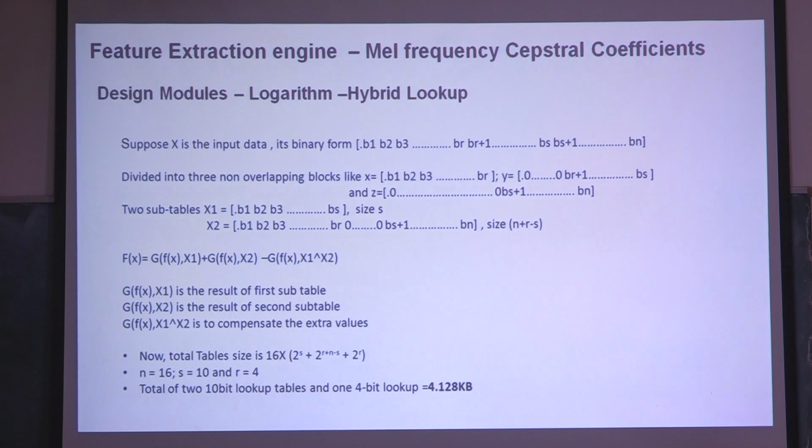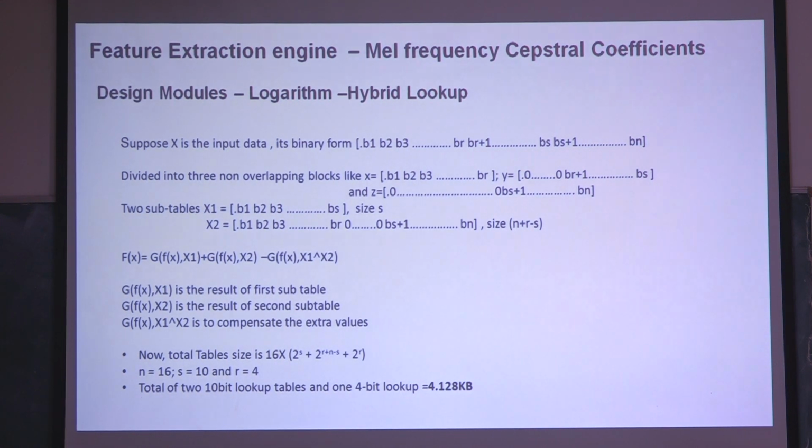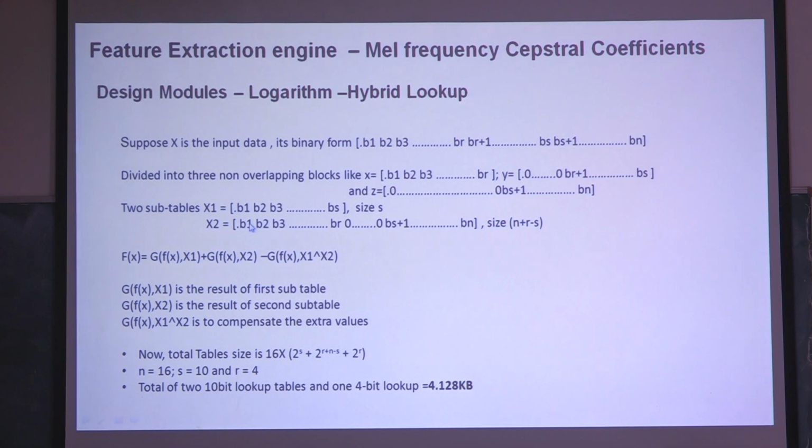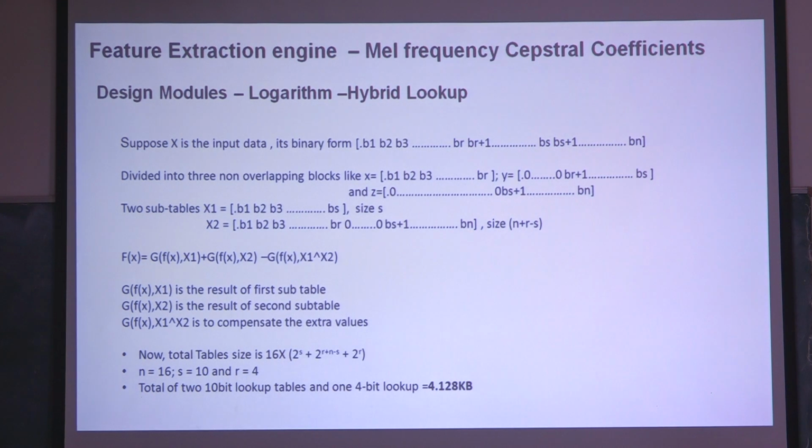This x1 intersection x2 is nothing but the overlapping bits of r plus 1 to s. After removing all these, we will have 3 partial products for addition. If we add all these partial products, we are able to get the log values.